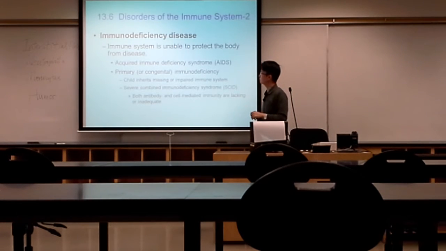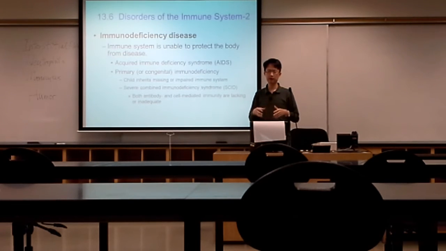Last but not least, immunodeficiency disease. So the immune system is unable to protect our body. AIDS is the most famous one we know. What happens in AIDS is that HIV, human immunodeficiency virus, attacks helper T cells. As I told you, helper T cells are like the skull. So when they attack helper T cells, then no one can detect infection.